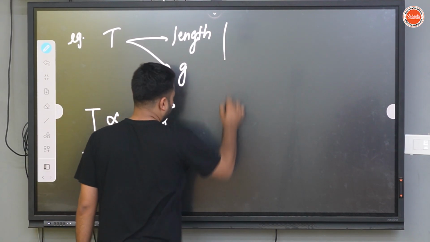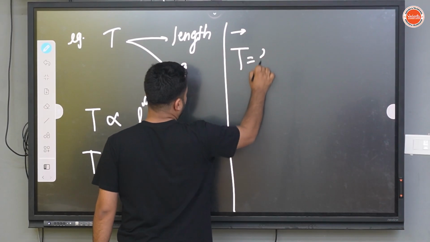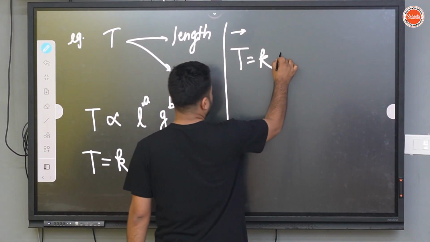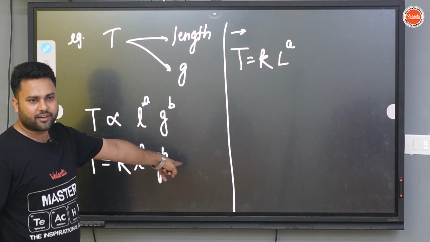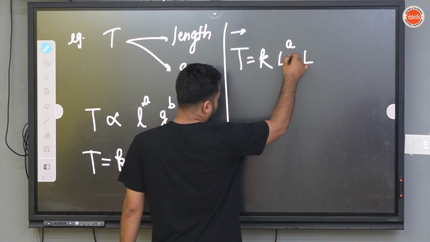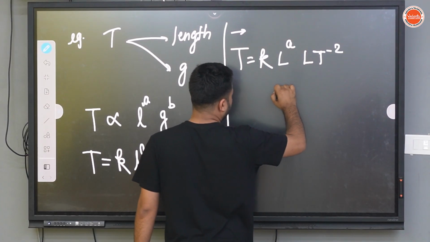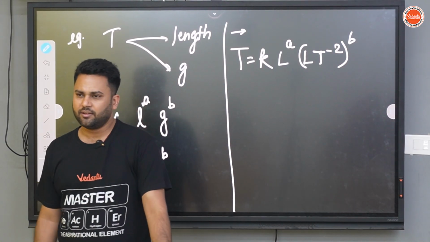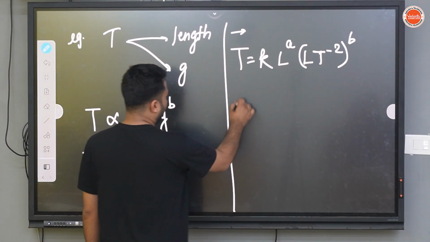So from here, time period equals some constant, length to the power A. So the length dimension is L to the power A. G is what? Acceleration due to gravity. So acceleration is meter per second square, to the power B. So see how much it is coming.